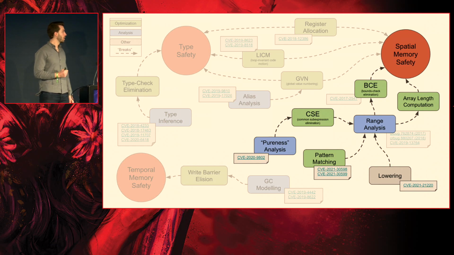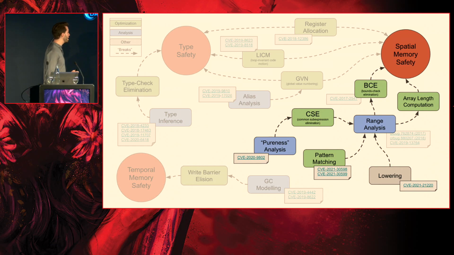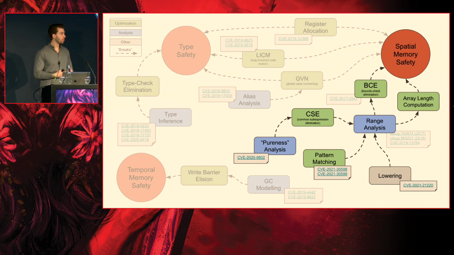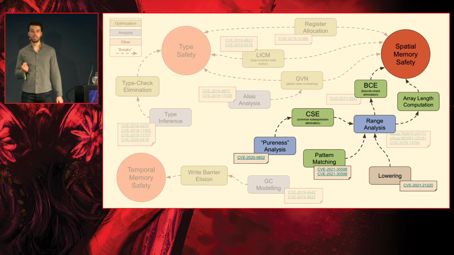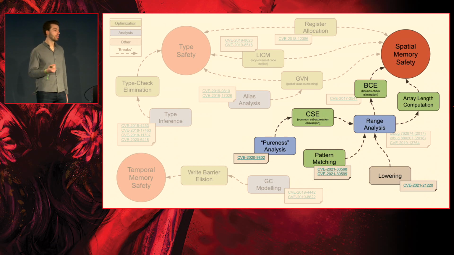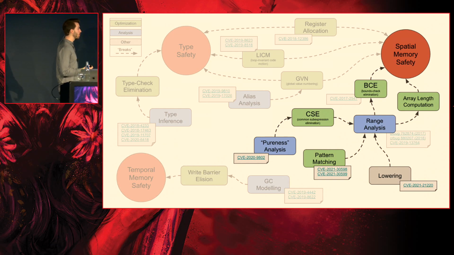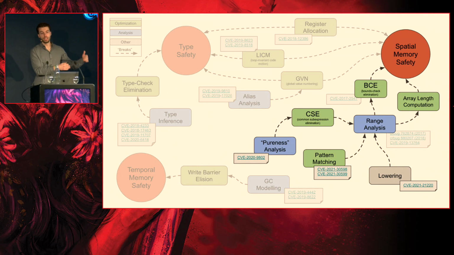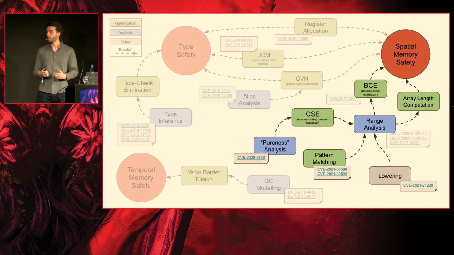So for example, there were some, what I just call pattern matching bugs last year. For example, there was one where in the JIT they tried to detect a rotation operation. JavaScript doesn't have rotation, so what you have to do is some shifting and some bitwise operation. They try to detect: here's a bitwise operation and the input is a shift, so maybe that's a rotation. They would turn it into a rotation.